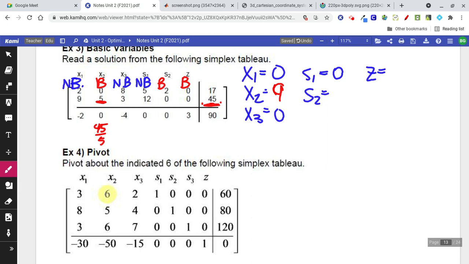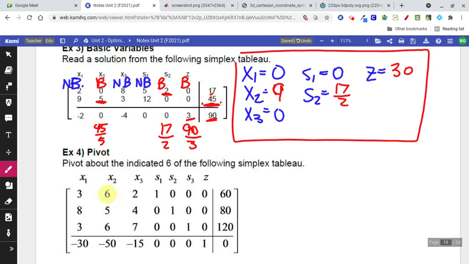So when I look at s2, I'm looking at this number, and that forces me to look at this number. So s2, the value is going to be 17 over 2. And you can reduce that if you want. Well, I guess you can't reduce it, but you could change it to a decimal if you want. And so then the z value, you have to look at this 3, which makes you look at this 90. So that value is going to be 90 over 3, which is 30.